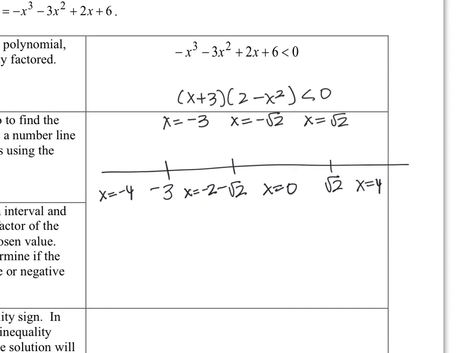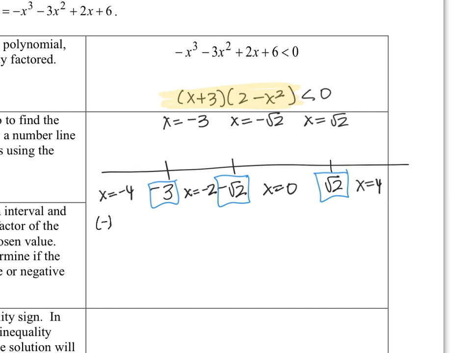All right, so if I plug these in, now remember, these are my zeros here. So these are my key values. I'm picking numbers in between them. So if I plug that into this and figure out, do I get a positive or a negative? If I plug in a negative 4, then this would be a negative.